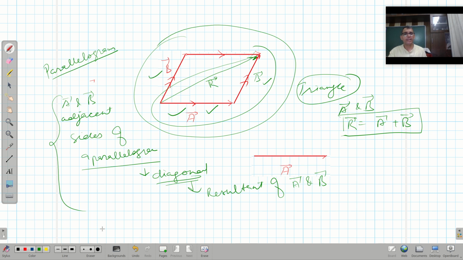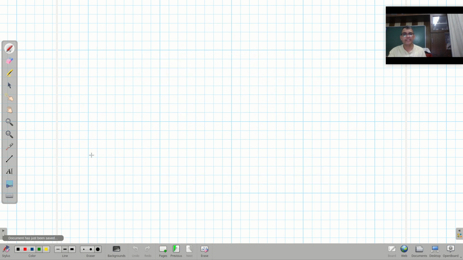And we can also extend this to polygons. So suppose we are having a polygon like this. Say one vector is this one, this is one vector A, this is another vector B, this is another vector C, this is another vector D, and this is another vector E. And all the vectors are taken in the same order. Here I can also apply the triangle law of vector addition successively.